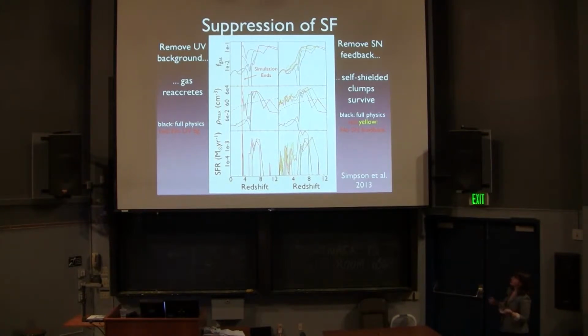If you do the inverse, you take out the supernova feedback but include reionization, you get the same large-scale suppression of gas, like you get these photoevaporative winds, but you get these self-shielded clumps that survive in the center of the halos. And you need the supernova feedback to blow those clumps apart from the inside in order to kill star formation in this halo.